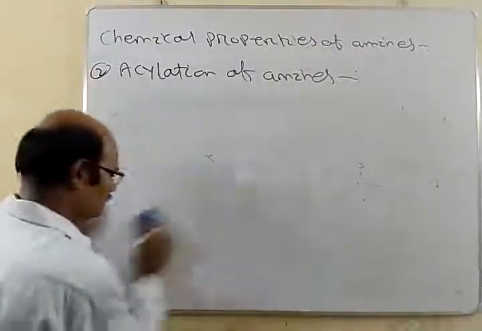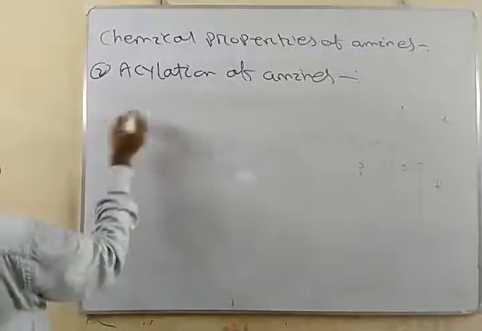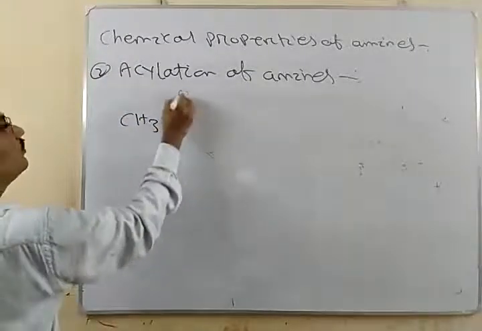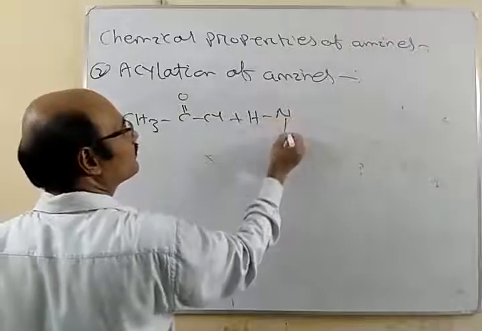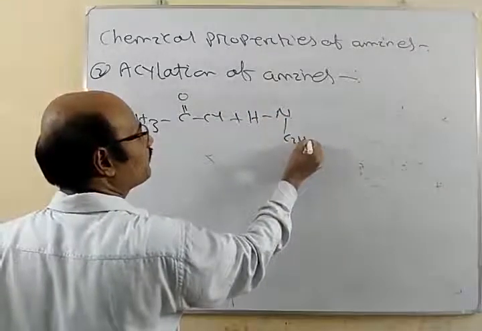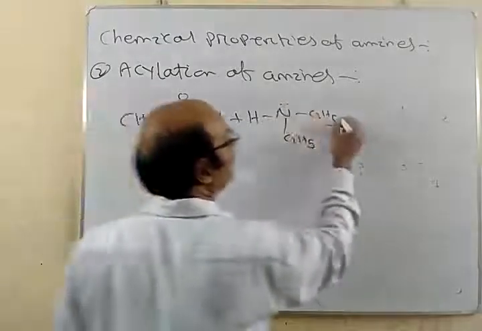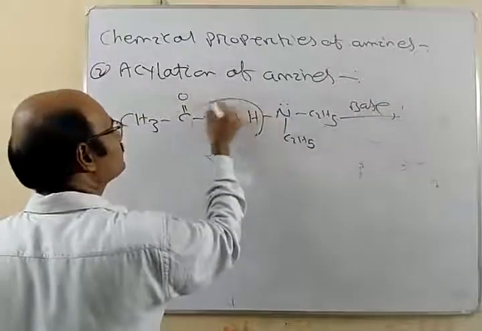Now this thing I can also write by taking a secondary amine. If I take CH3, C double O, Cl plus HN(C2H5)2, in presence of base, same thing, H plus Cl minus.